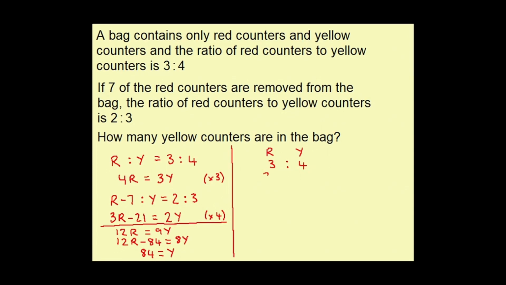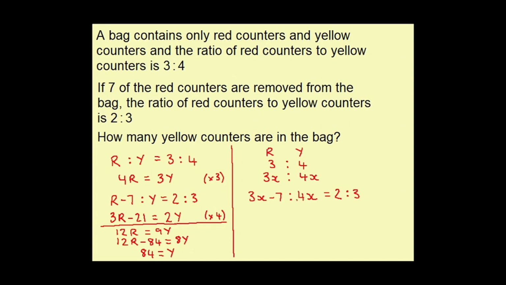So I'm going to call this 3x and 4x to represent the multiples. Now, if 7 red counters are removed, that's going to give me 3x minus 7. And this, to 4x, is equal to this ratio, 2 to 3.